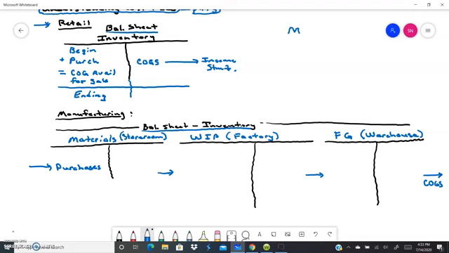And I'm just going to put that up here. So manufacturing costs are now equal to three costs. We're going to have direct costs, two costs for right now, direct costs, and indirect costs.